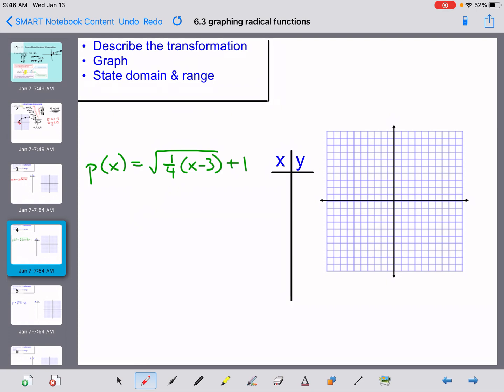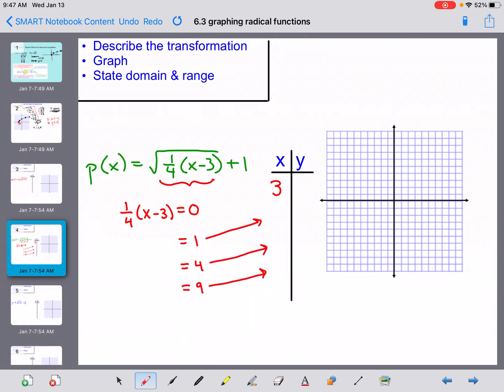So now we're going to create a table of values. Take the thing that's underneath the radical, set it equal to 0, and figure out that's going to be your first x value here, which is 3. Then take it, set it equal to 1. That'll get you your next x value. Set it equal to 4, set it equal to 9.